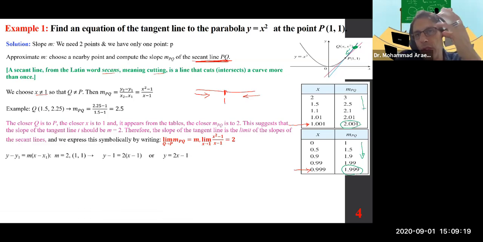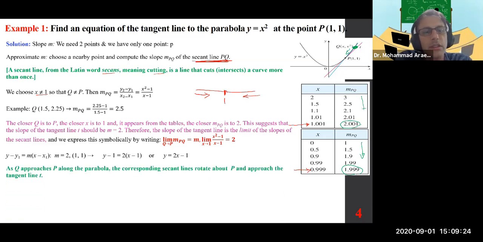Now, of course, y minus y1 equals m times x minus x1, and you can calculate the slope. It's really not a big deal. So as Q approaches P along the graph of this function y equals x squared, the graph is known as a parabola, we get closer and closer to the slope of the tangent line.